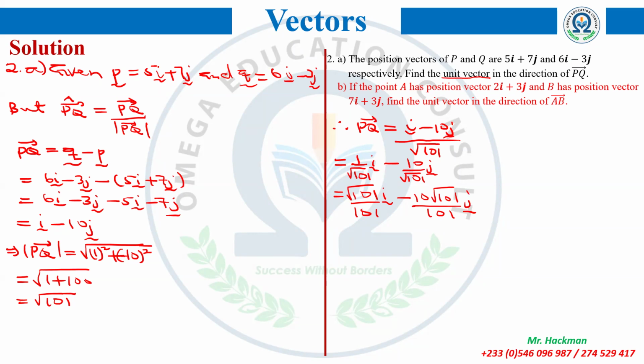If you like, just feed your calculator with 1 over root of 101, it will give you the coefficient. You write it there, then you attach your I. You do the same here, if you can't do it mentally. It's my point well made.